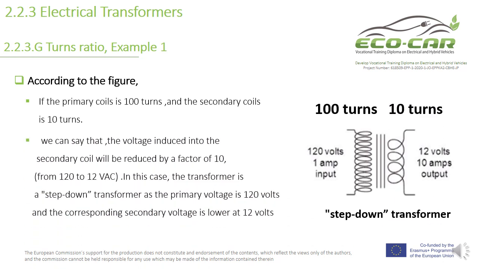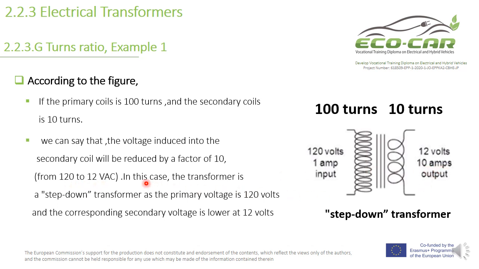The voltage induced in the secondary coil will be reduced by a factor of 10. So we have 120 here and 12 here. 120 divided by 10 is 12 volts. So this is a step down transformer of the voltage, from 120 to 12 volts AC.